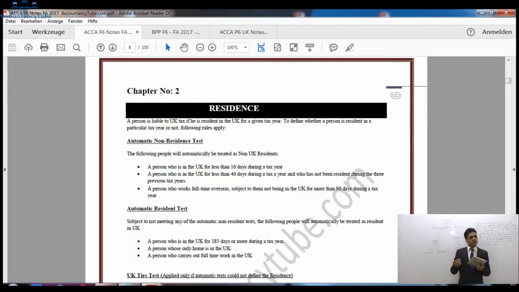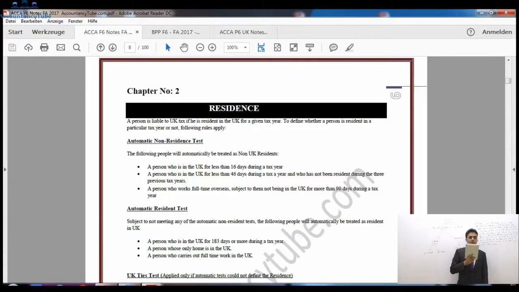So that was the second condition. The first condition was just the 16 days regardless of your previous resident status. The second option is that if you have spent 46 days or less, you must not have been UK resident in the previous 3 tax years.